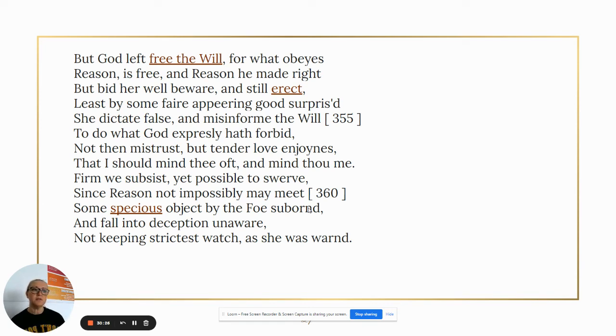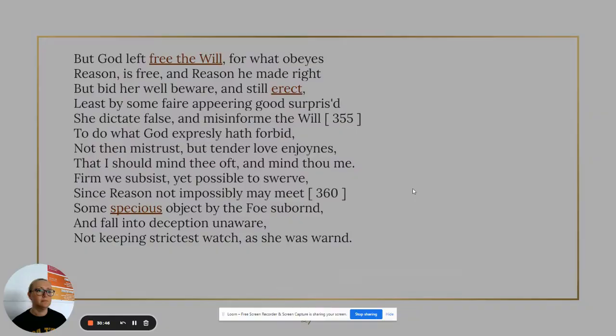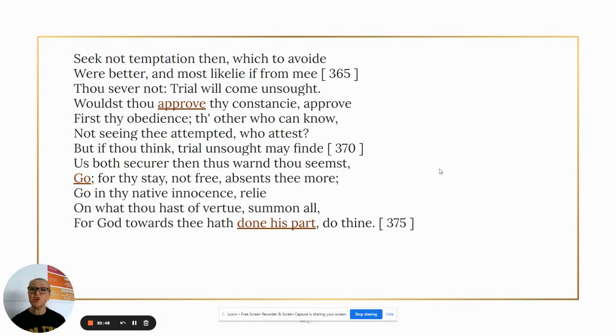"Not then mistrust, but tender love enjoins that I should mind thee oft, and mind thou me." As a man, my reason is just better than yours, therefore you should do what you're told. Right. "Seek not temptation then." Well, she hasn't said that she wants to do that for a start.